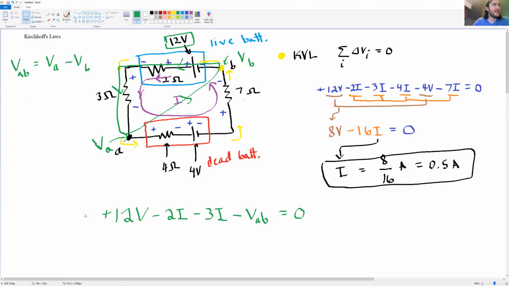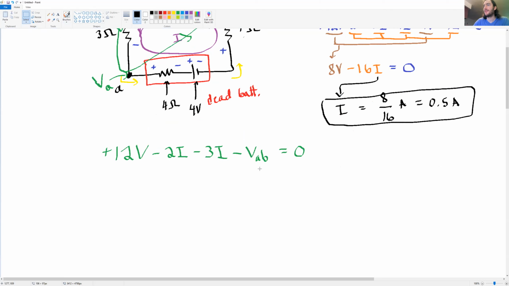So now you can see I could add VAB to the other side, right? I could add VAB to the other side. Add this guy over so that we have VAB is equal to 12 minus, it's 2 times a half, 1/2 an amp, and then minus 3 times 1/2 an amp.